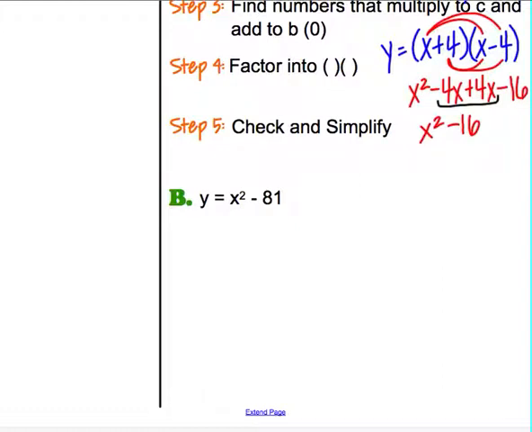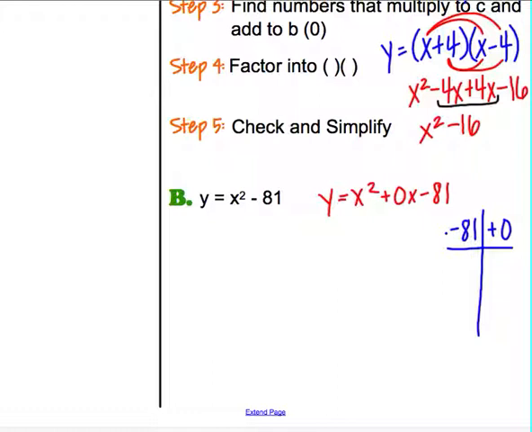Alright, so first thing we're going to do is rewrite this as y equals x squared plus 0x minus 81. Now we make our t-chart. It says we need to multiply to negative 81 and add to 0.